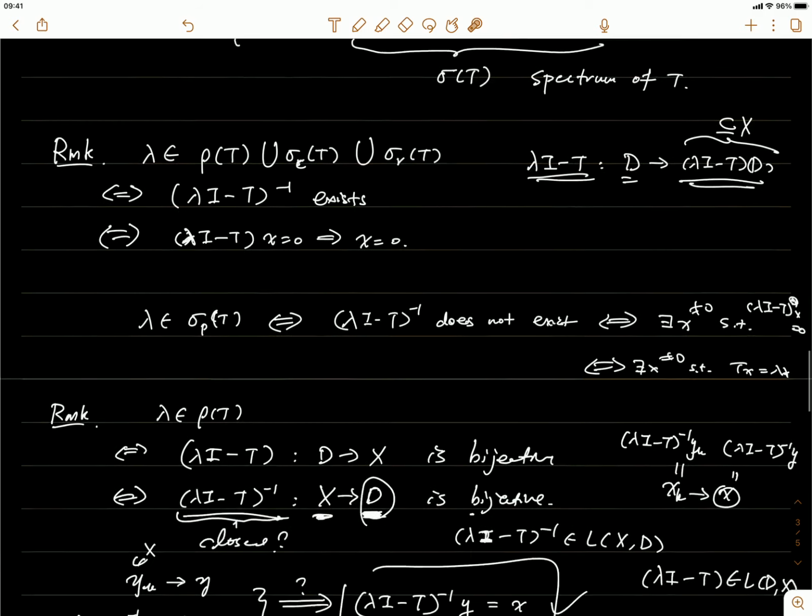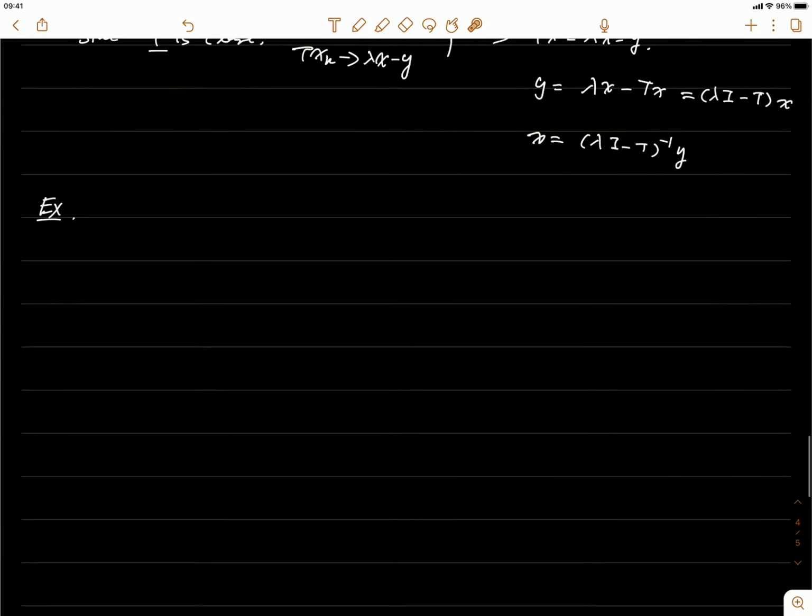So let's look at the first example. We see that this could happen. This is the case where we have eigenvalues.